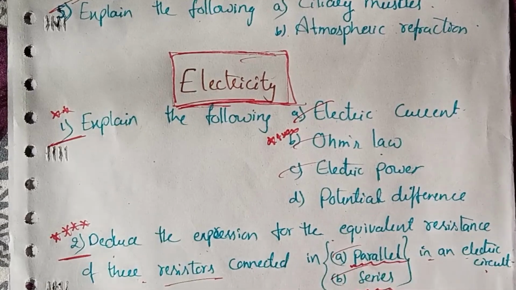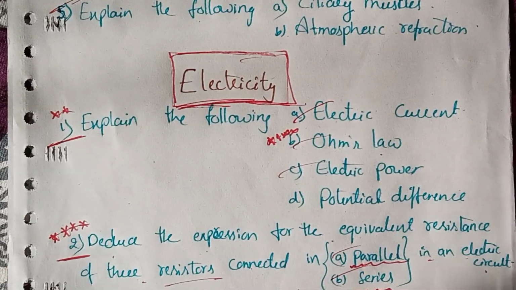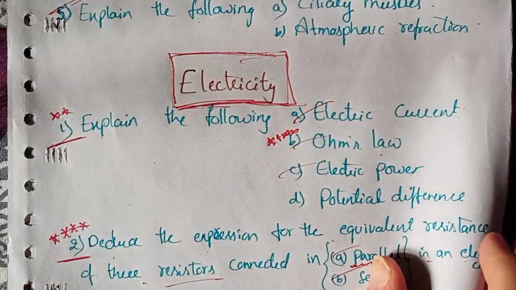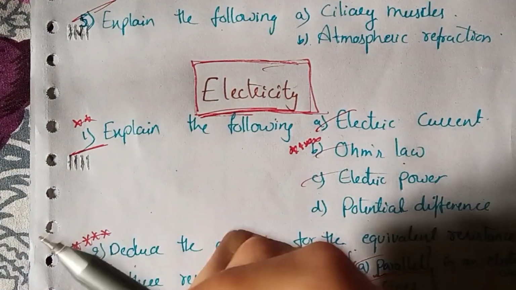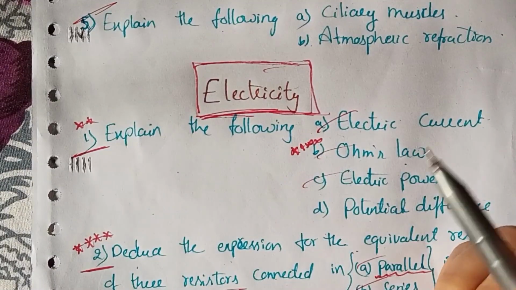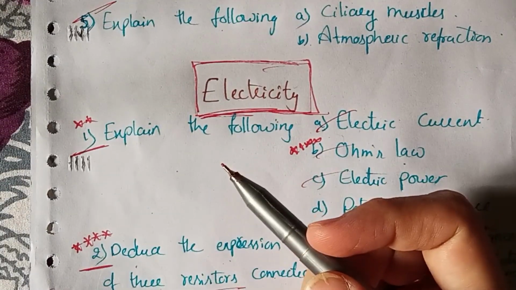These 2 questions will be asked, which means any one from these will definitely come in your exam paper. Understood, guys? We have completed our 8 marks questions from physics for 10th class SA-1 exam.